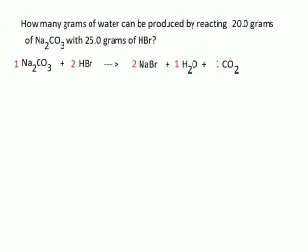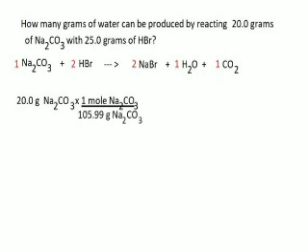Next step. Second step in a stoichiometry problem is to go to moles. 1 mole of sodium carbonate: 2 moles of sodium at 23, 1 mole of carbon at 12, 3 oxygens at 16 each, gives us 105.99 grams per mole.